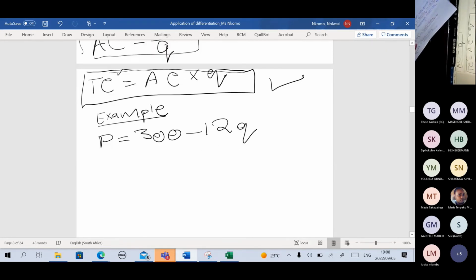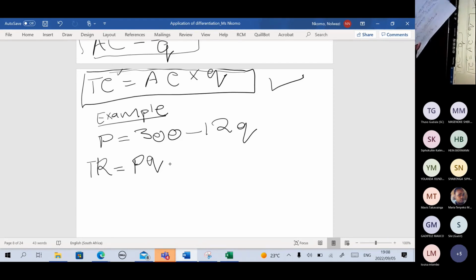Okay. From these, the total revenue would be, remember, the demand function times the number of units produced or required, right?